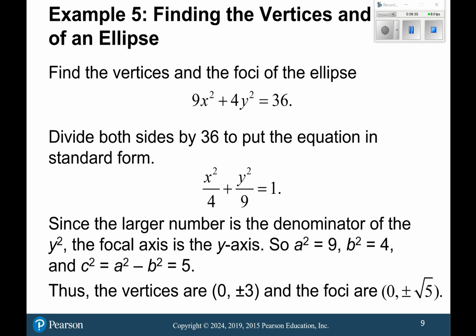Okay, so our vertices are going to be at (0, 3) and (0, -3). The foci are going to be at (0, square root of 5) and (0, negative square root of 5).